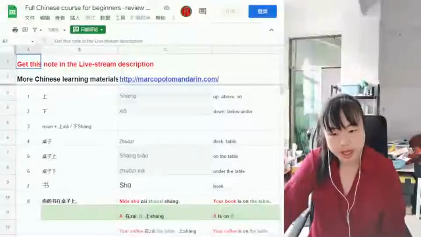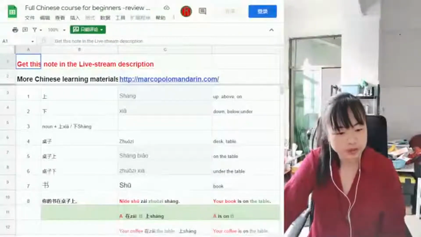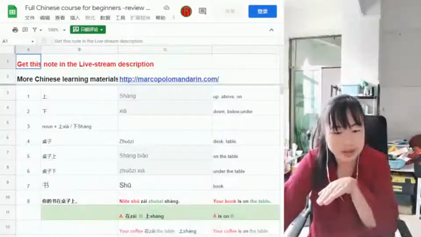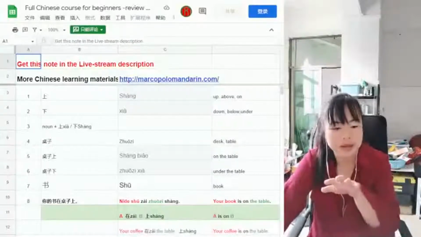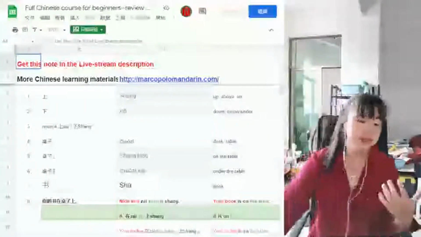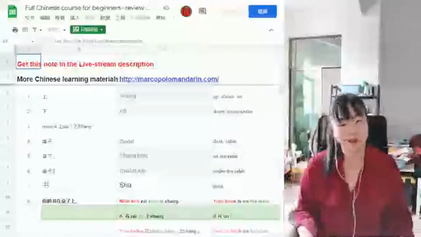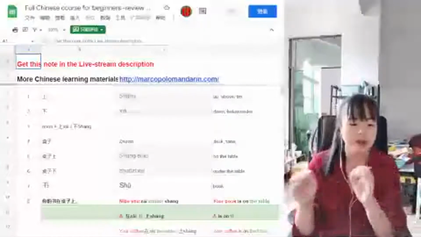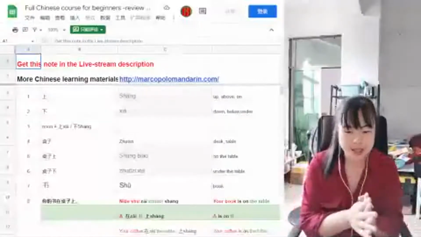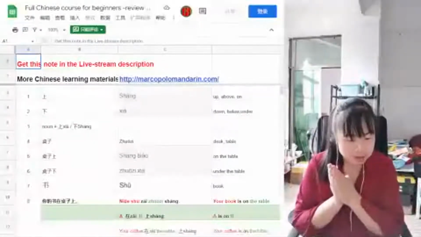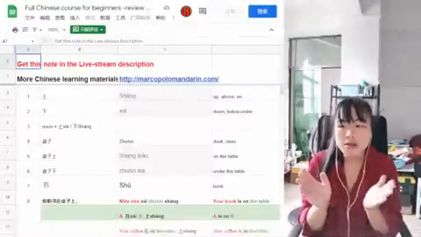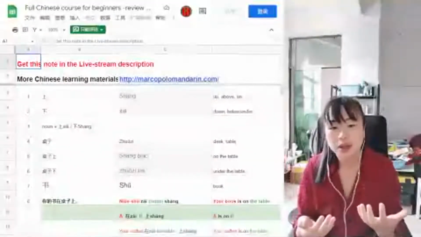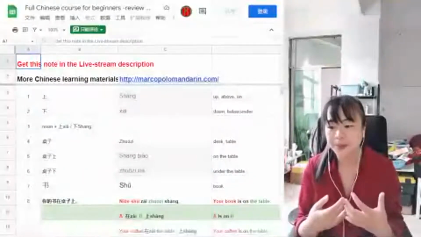And later, when we practice, we focus more on the order of the Chinese pattern, not the single words. For single words, it's easy for us to get from the dictionary from anywhere, but we need to put them in the right order and create correct sentences because sentences are the most important thing to communicate, right? Okay.